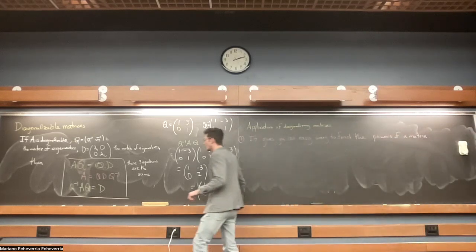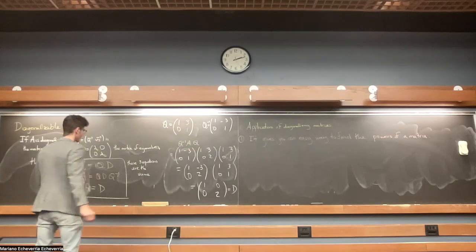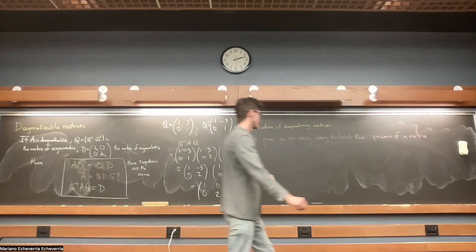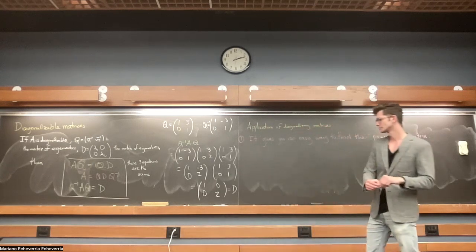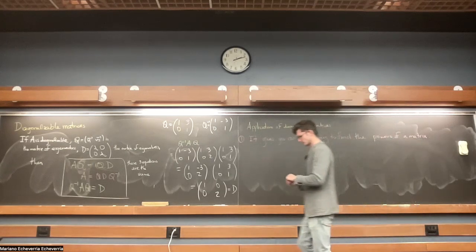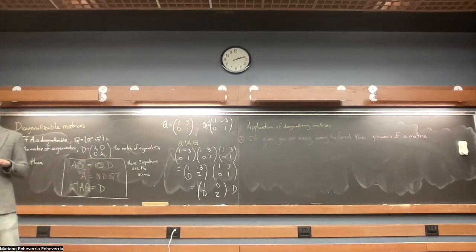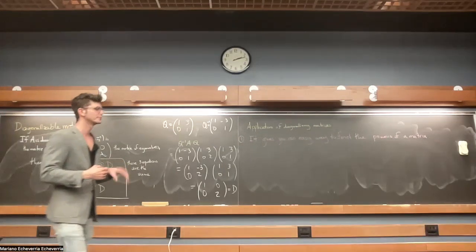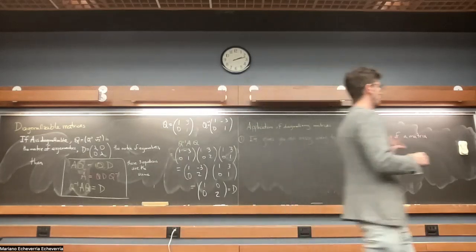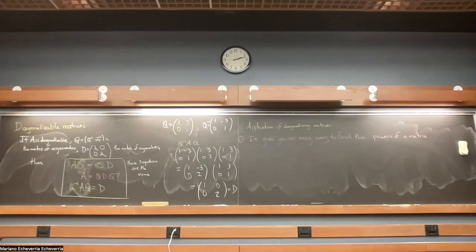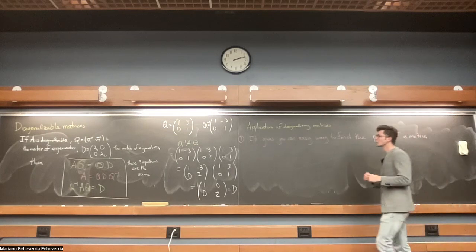What do I mean by that? I'll also have to give you an example of a matrix which is not diagonalizable, but there are plenty. I'll do that later. Just remind me to give you an example. So what do I mean by this?